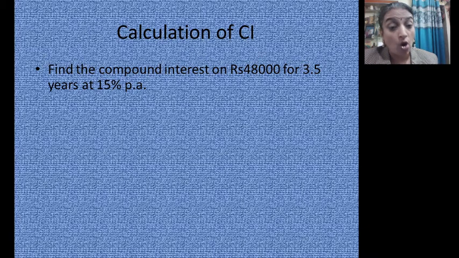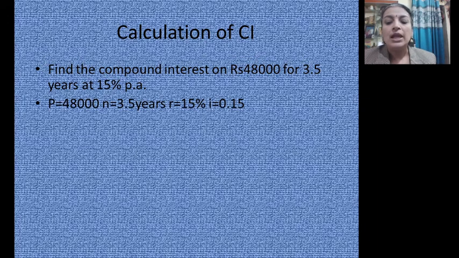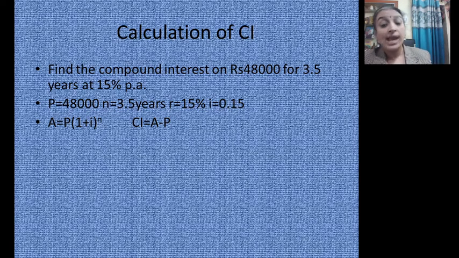Find the compound interest on rupees 48,000, it is P, for 3.5 years, N is equal to 3.5 and R is 15%, that is I is equal to 0.15. And our formula is A is equal to P in the bracket 1 plus I raised to the power of N. Here compound interest is asked and we are calculating the A.